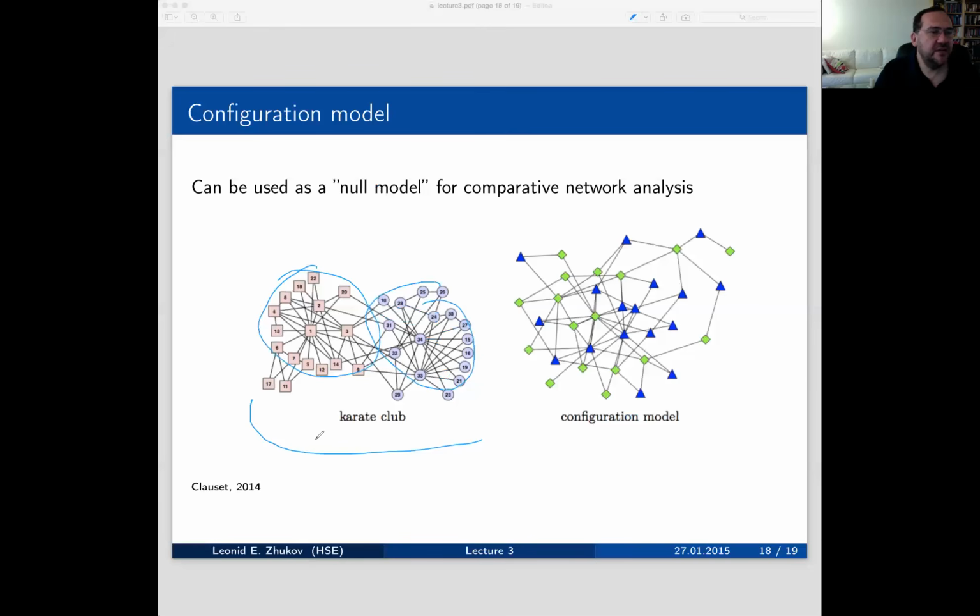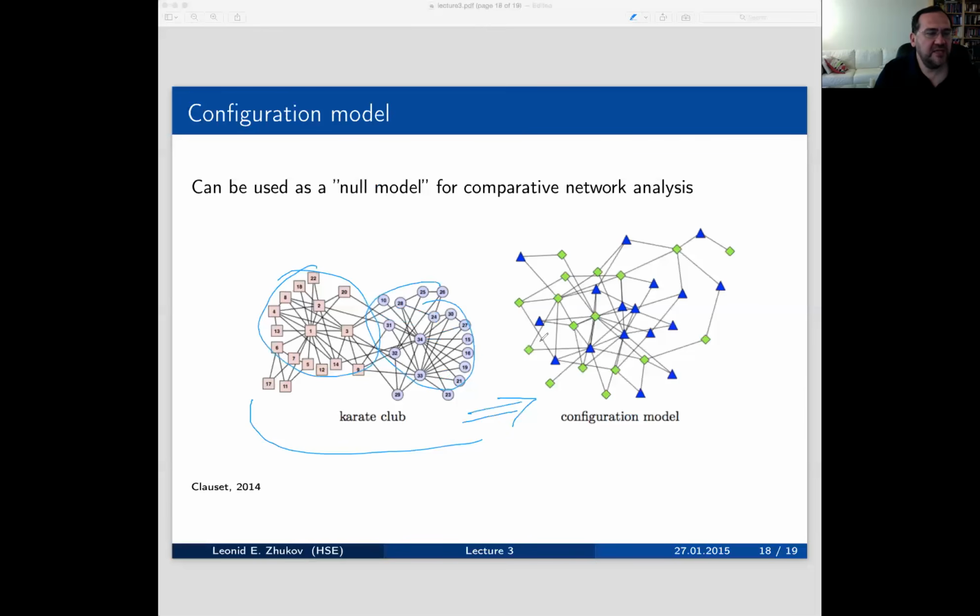So we can take node degrees from this graph and seed them into a configuration model, and we'll create a random model with the same node degrees. What it tells us is the following.